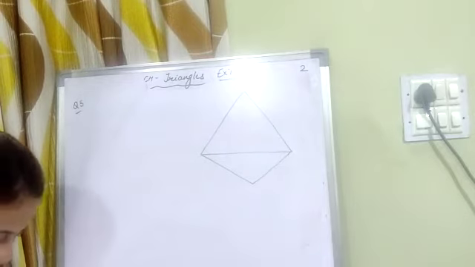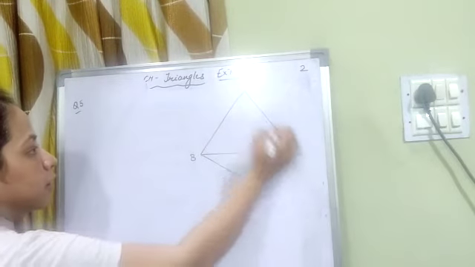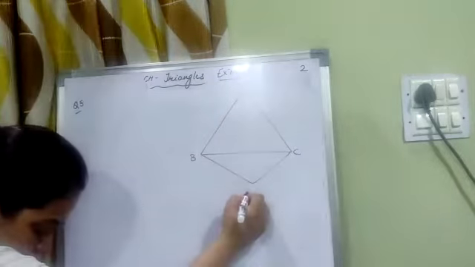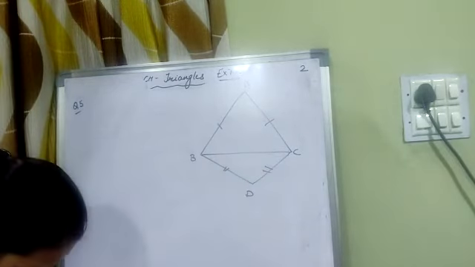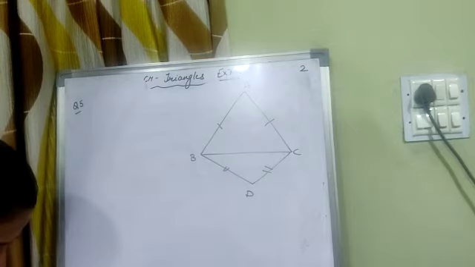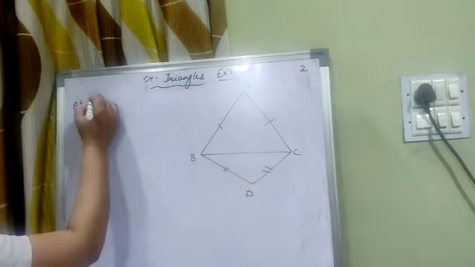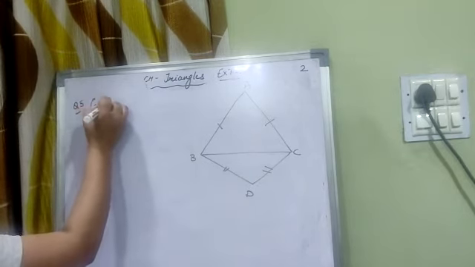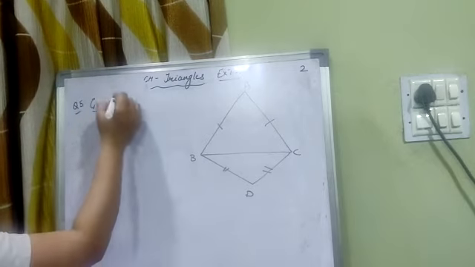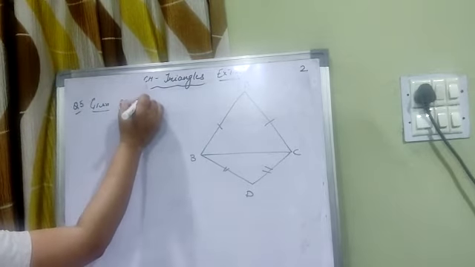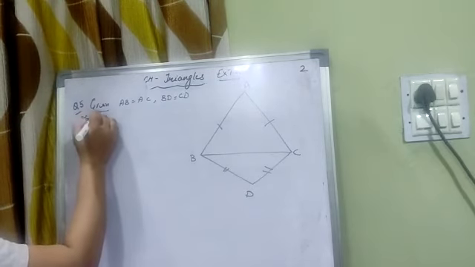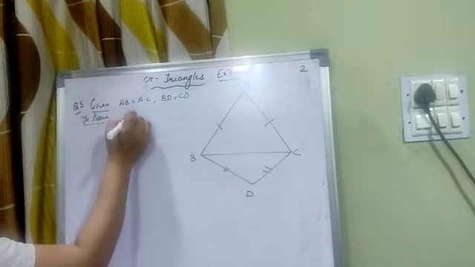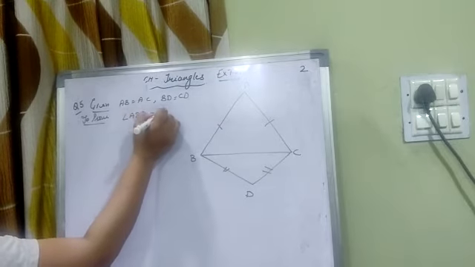These are the two triangles on the same base BC, and these triangles are isosceles with this side equal to this and this side equal to this. We have to show that angle ABD is equal to ACD. First given is AB equal to AC and BD is equal to CD. We have to prove that ABD is equal to ACD.